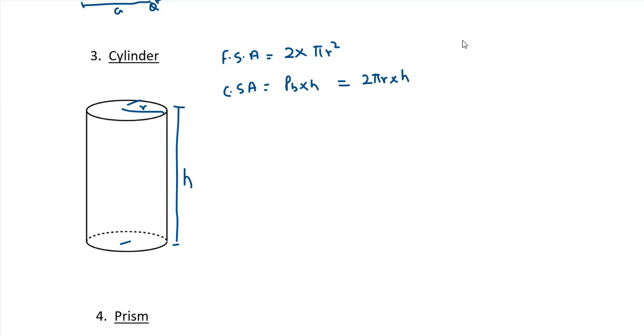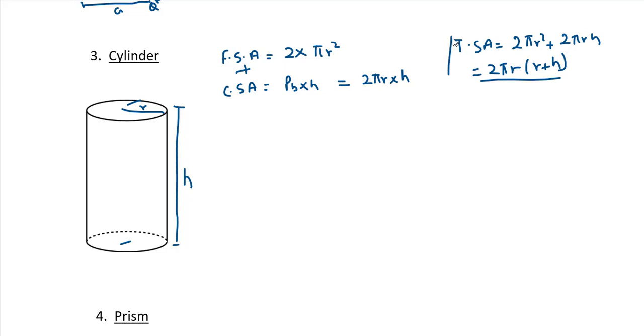So the total surface area in case of a cylinder will be the sum of this flat surface area plus the curved surface area, which will give us 2 pi r square plus 2 pi r into h. If we take 2 pi r common, you can write this formula as 2 pi r into r plus h.